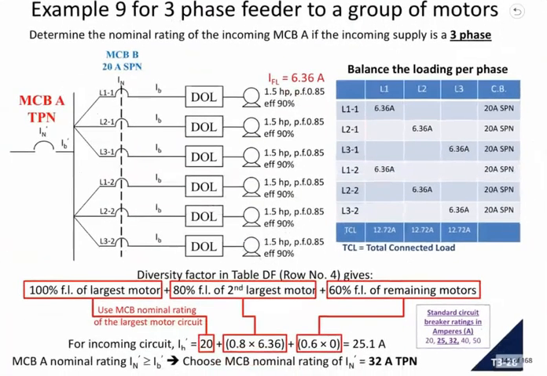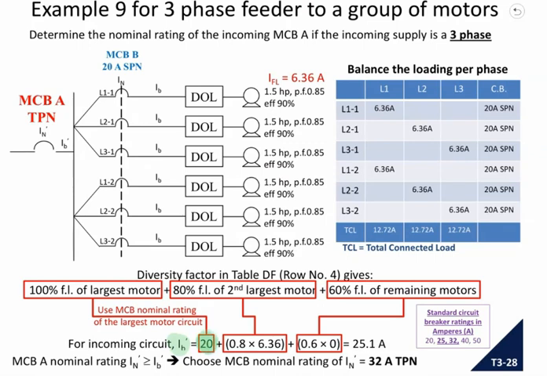And we move on, knowing that the maximum demand cannot help us to size the circuit breaker, we have to use the design current. And what we do is we simply replace the full load current of the largest machine by the circuit breaker rating, which is 20 here.